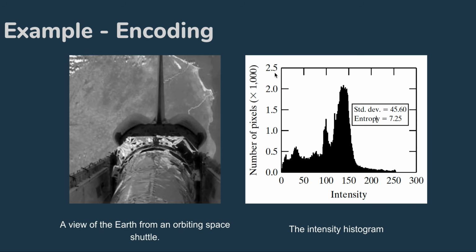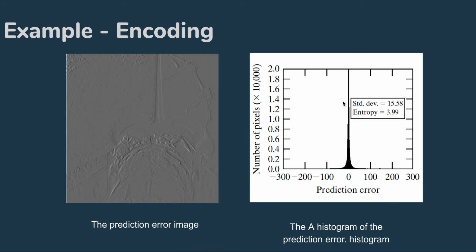But if you look at the original image, the highest occurring intensity is only around 2000. There are several other intensity values having approximately the same amount of contribution. So that is how we can make the simple encoding process much more efficient in the case of an encoded prediction error.